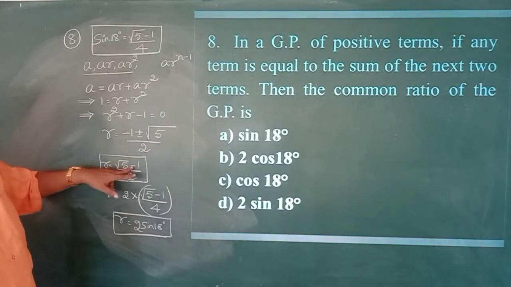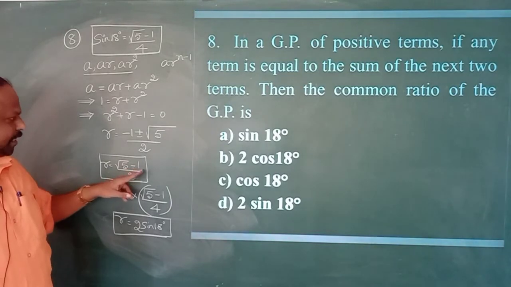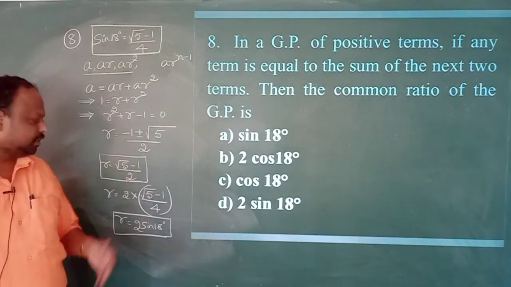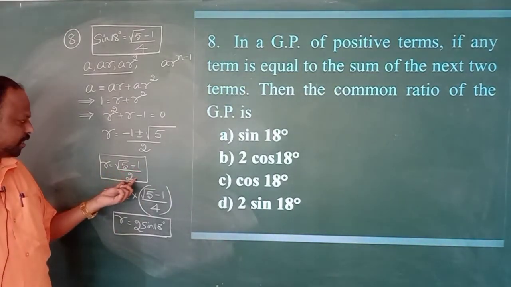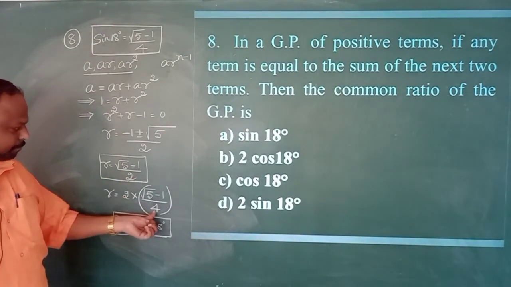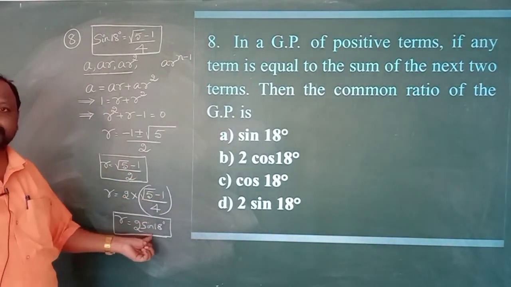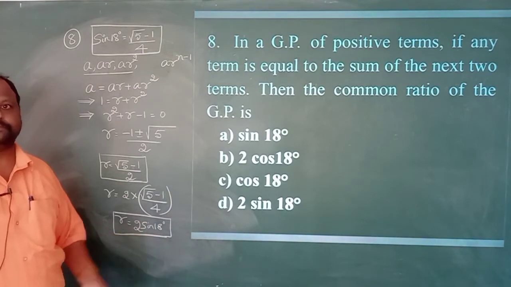If I take root 5 plus 1, it will be above 1 point something. So therefore root 5 minus 1 divided by 2, divide and multiply by 2, this value you can take as 2 sin 18 degree.